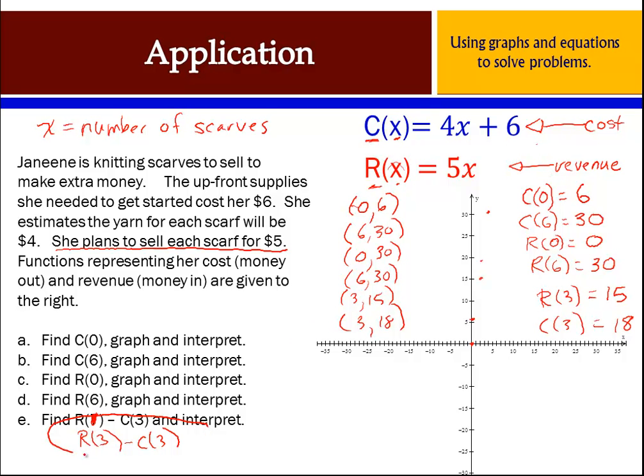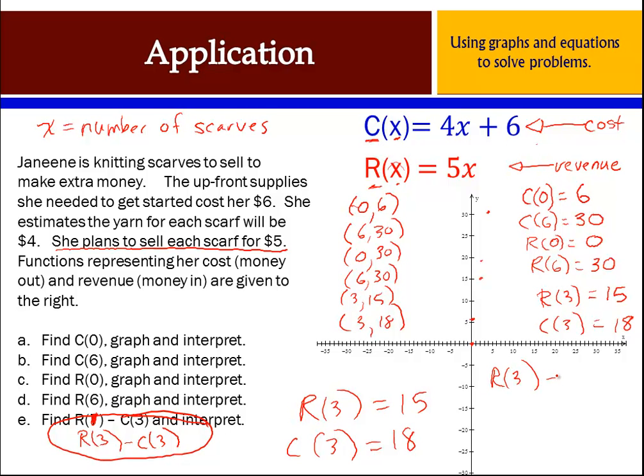Now let's find the interesting thing, the R of 3 minus C of 3. R of 3 is 15. C of 3 is 18. R of 3 minus C of 3 is 15 minus 18, or negative 3.